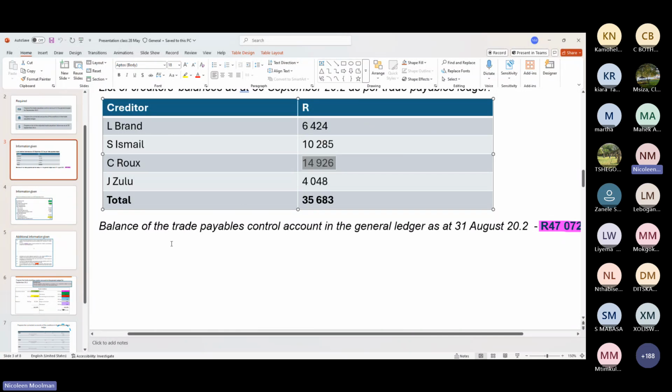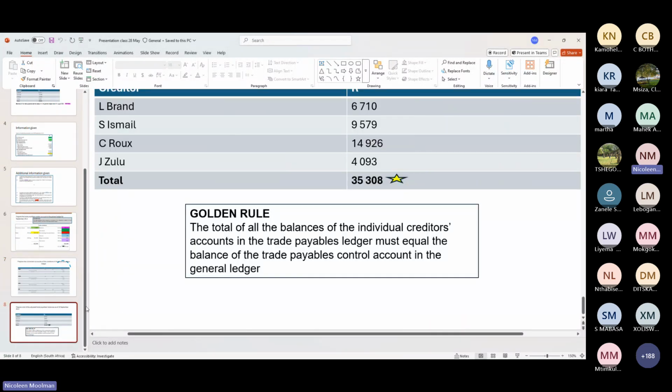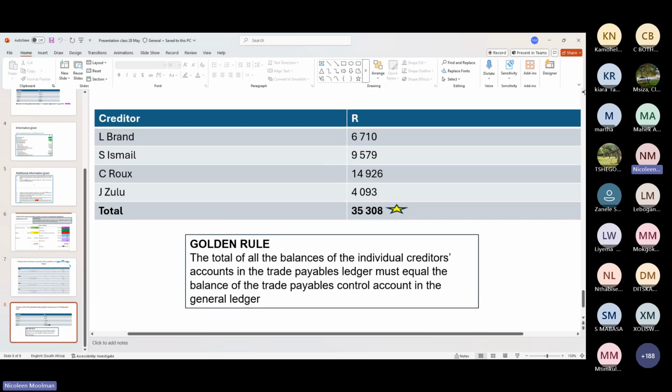We can maybe check on exercise 13.3, but there were no adjustments to his account. The balance should just be 14,926. And in the updated listing, it is also 14,926, so that we can get this total to agree back to the general ledger account.